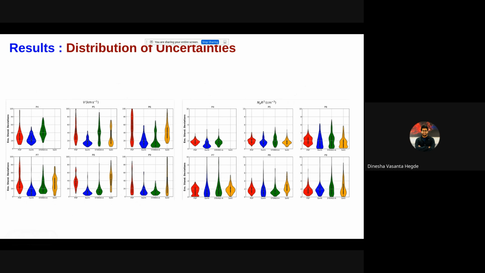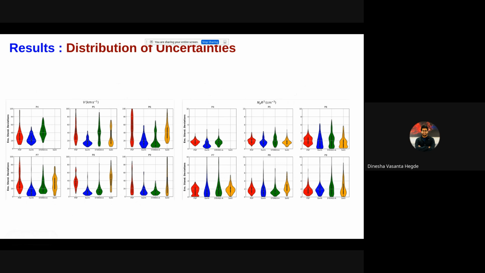Here you can see that for Earth, the scatter is small and almost uniform. But for PSP and Solar Orbiter, it is more scattered and has a very long range distribution. This is because of the location of longitude or an optimization issue, but this is purely coming from the photospheric uncertainty.